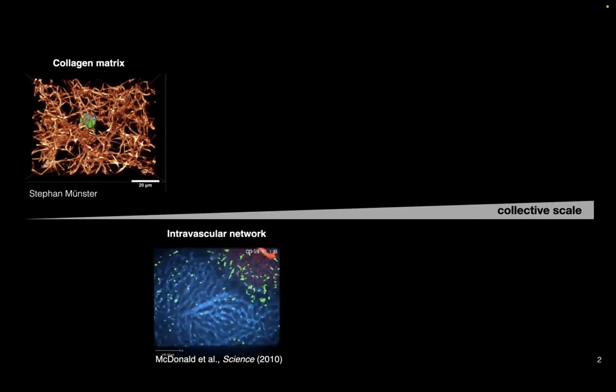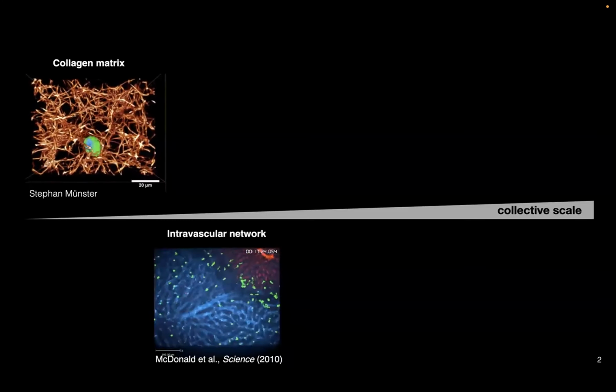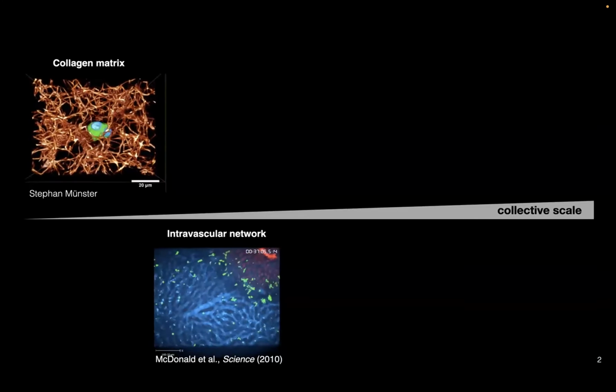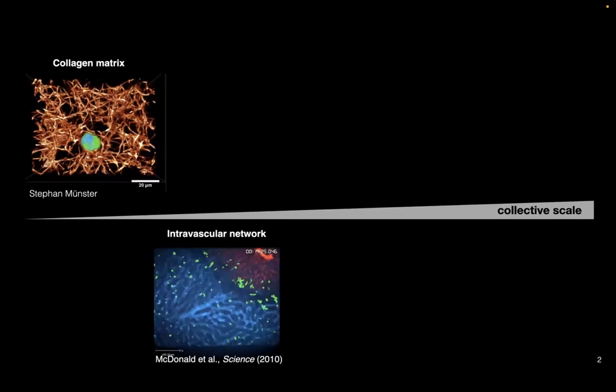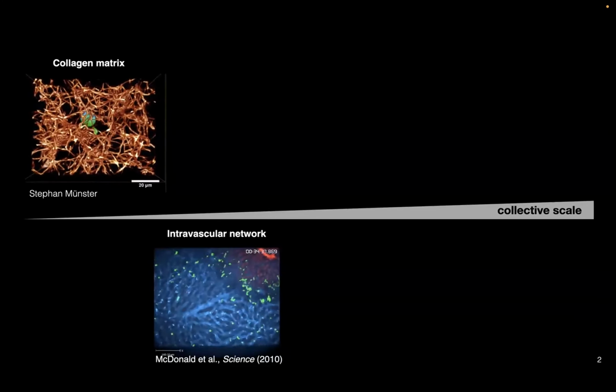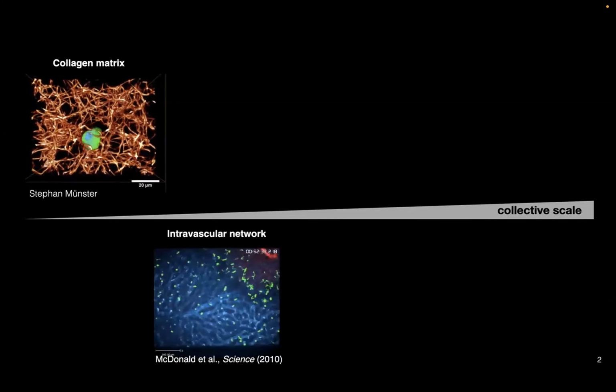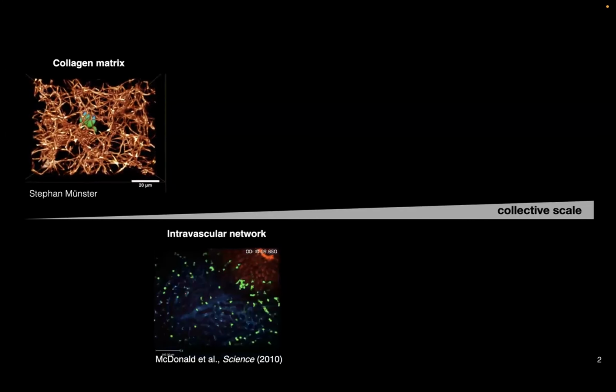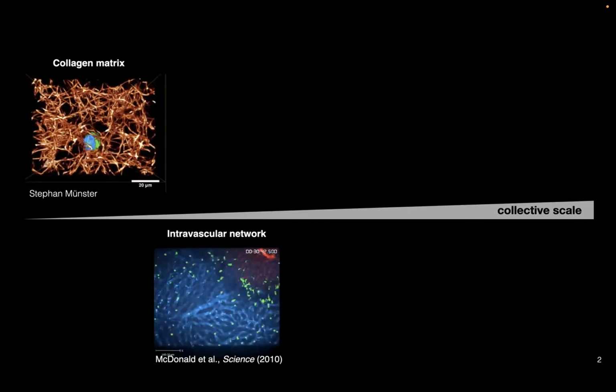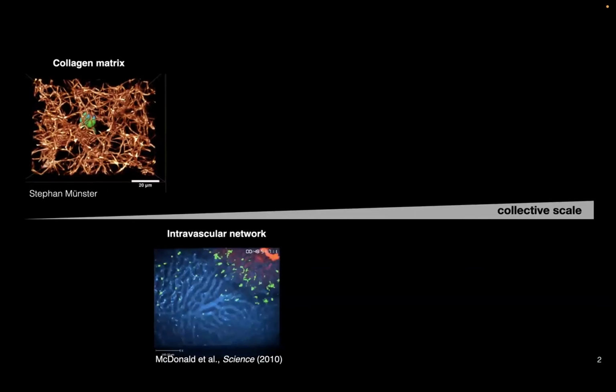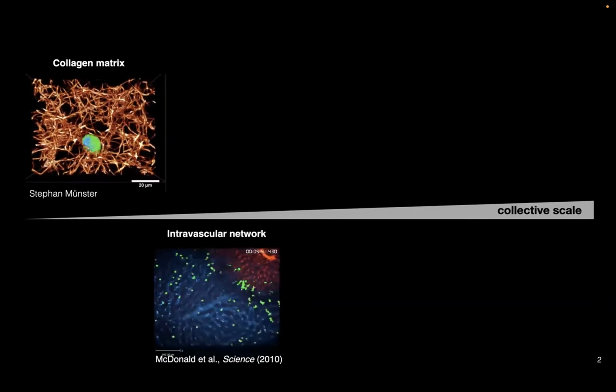But to get there, cells need to traverse these long constricting channels of an intravascular network. This cell above here, to get around, it needs to squeeze itself through pores that can sometimes be substantially smaller than the nucleus of the cell. So cells like these can really navigate through these environments in amazing ways.